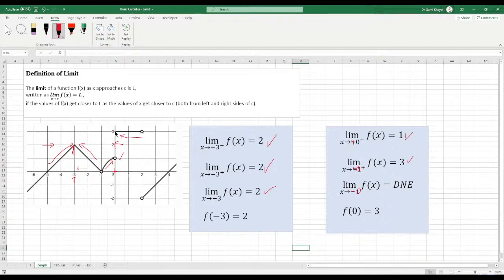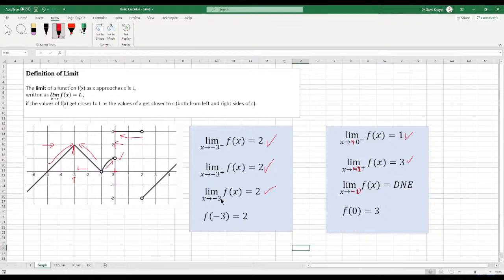If you come from the right side, you will reach 3. 1 is not equal to 3, not like in the previous case, because the definition says both sides should be equal to the same number L. Since they have different answers, we say the limit at 0 of this function does not exist.